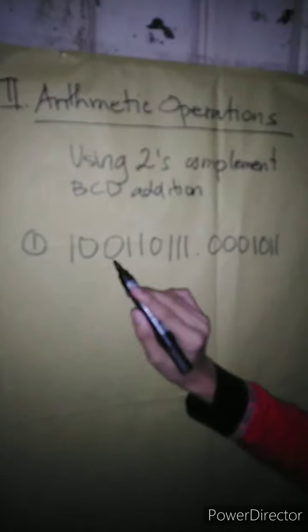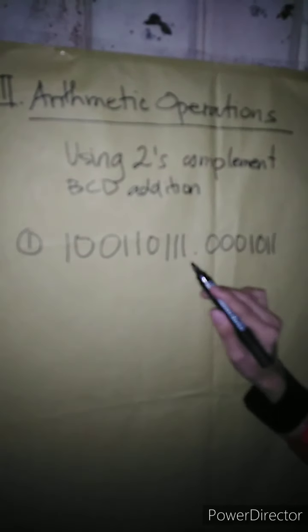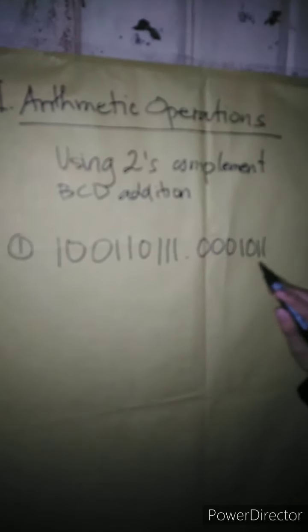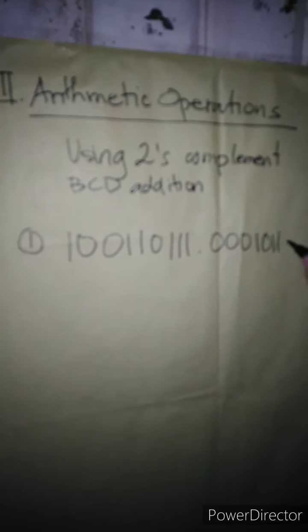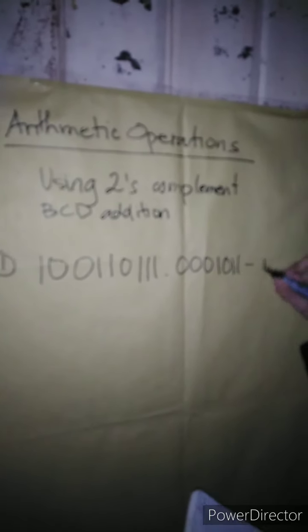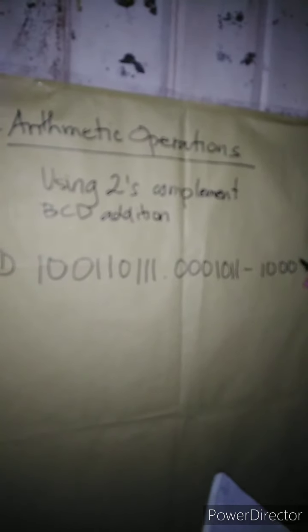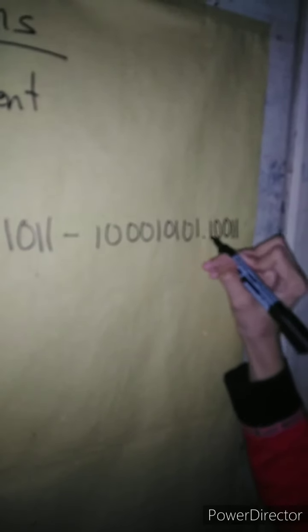Subtracting 1 0 0 0 1 0 1 0 1 point 1 0 0 1 1 0 0, both in base 2 binary.